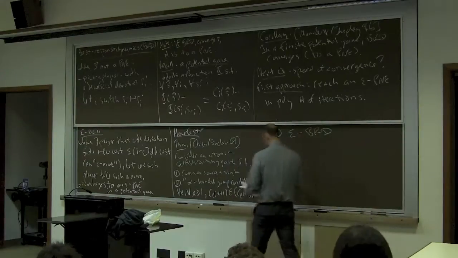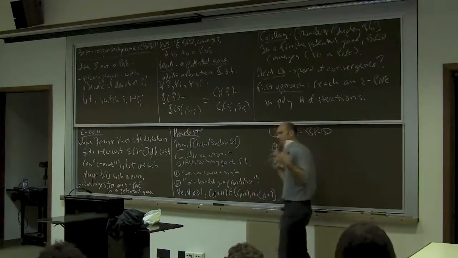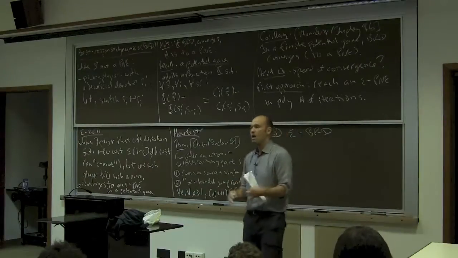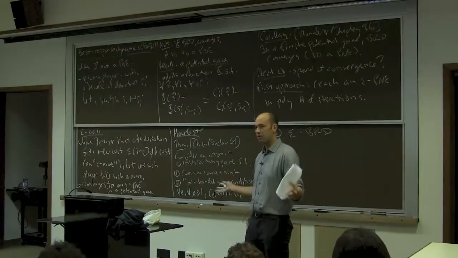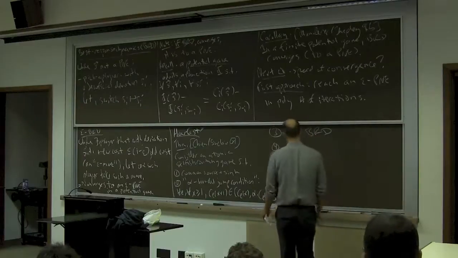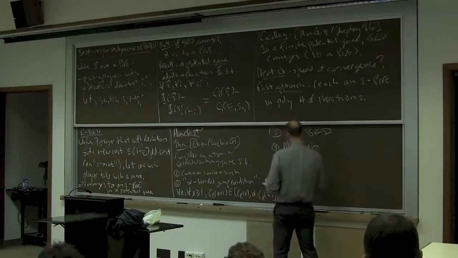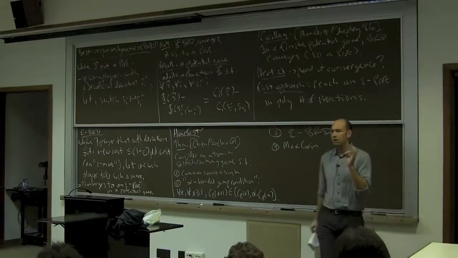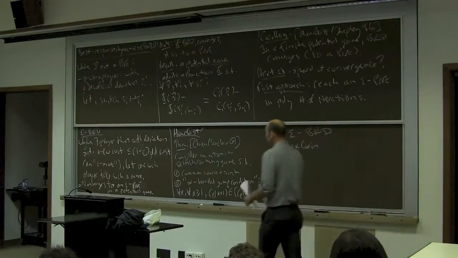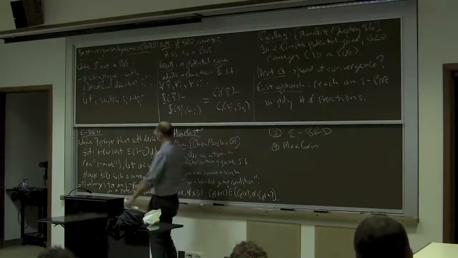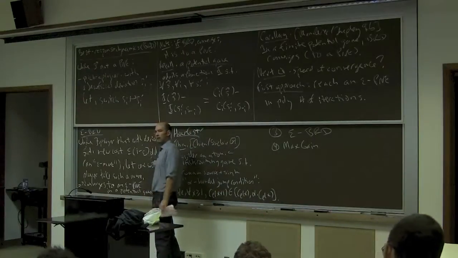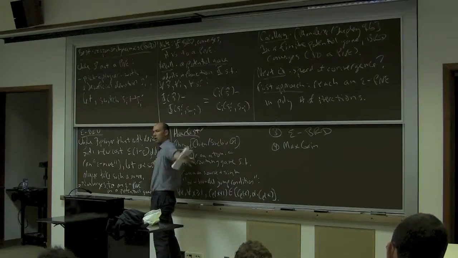And 4 is not essential, but I just have to precisely specify some dynamics. There's a lot of choices I could make, and this theorem would be true. The choice I'm going to make, I'm only going to prove one version of the theorem, is the way I'm going to pick a player in an iteration when there are many players that have an epsilon move. Again, remember, in epsilon best response dynamics, we identify the players that have an epsilon move, a way to improve their cost by a lot.